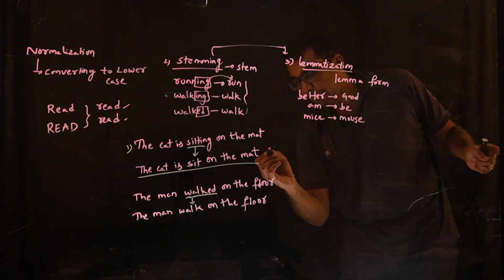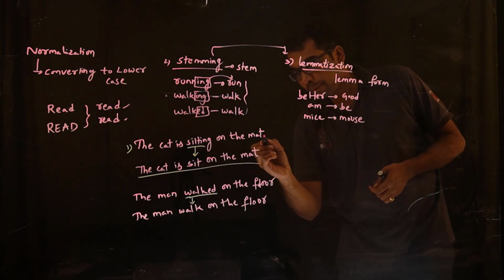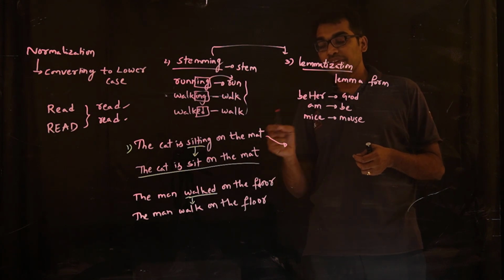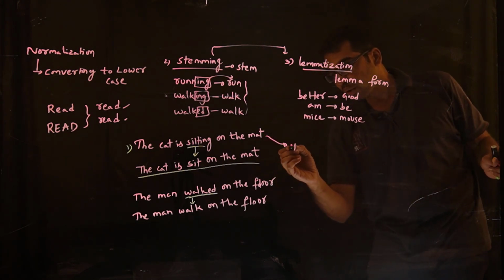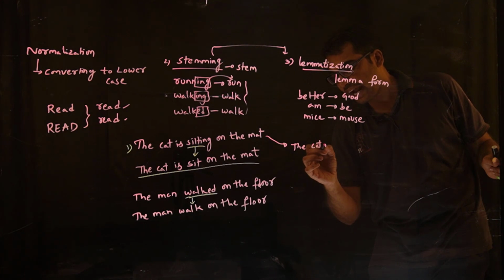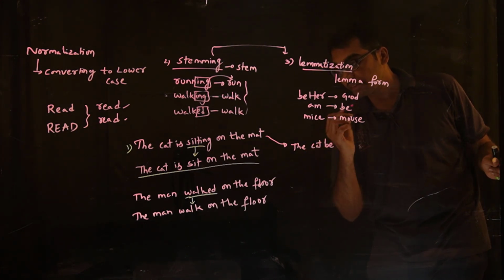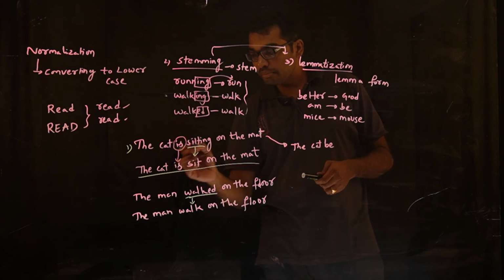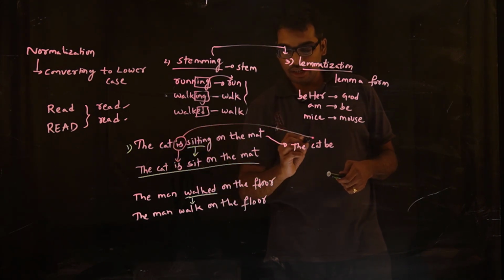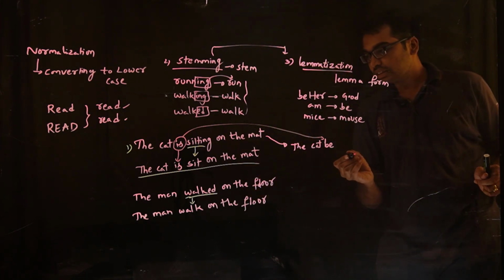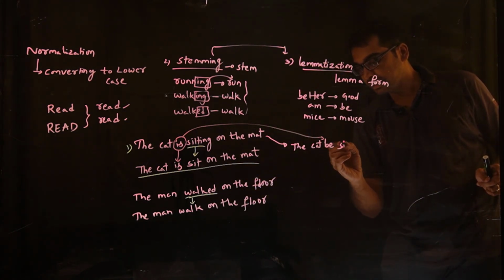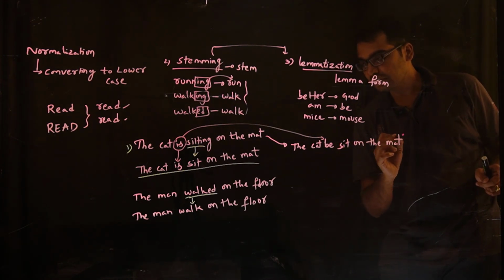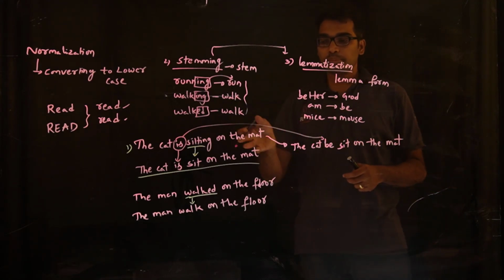If I apply lemmatization to the same sentence, what is the difference? At first there seems to be no difference, but actually there is a difference. "Is", which was earlier left the same, is now converted to its lemma, be: the cat be sit on the mat. That's the lemma form of the sentence.